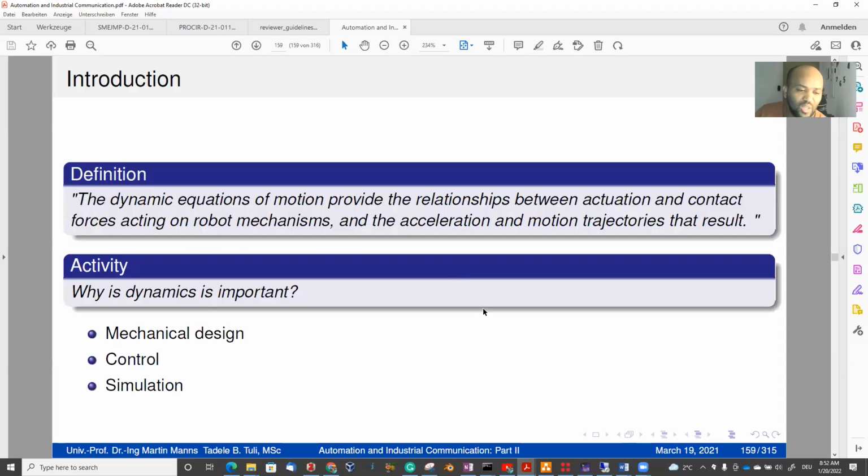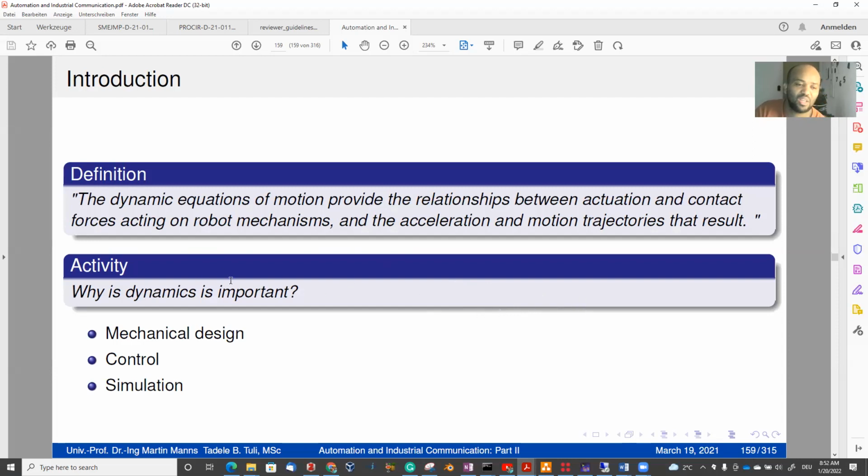In dynamics, as we are able to control the position, we could also control the behavior, where the behavior is due to acceleration, due to change in position, due to change in force, and so on.